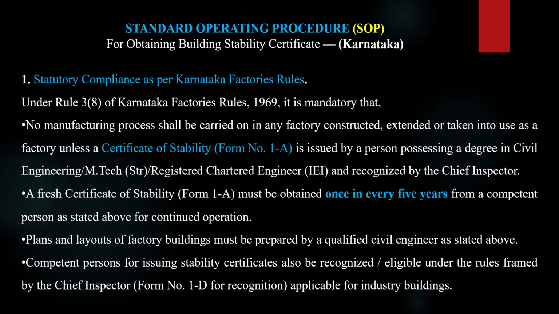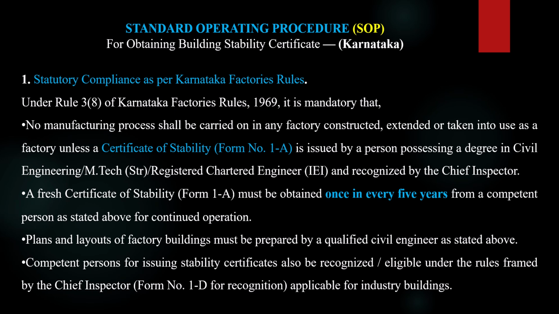It is mandatory that no manufacturing process shall be carried on in any factory constructed, extended or taken into use as a factory unless a certificate of stability in Form Number 1A is issued by a person possessing a degree in civil engineering or MTech structures or a registered chartered engineer under IAI and recognized by the Chief Inspector.